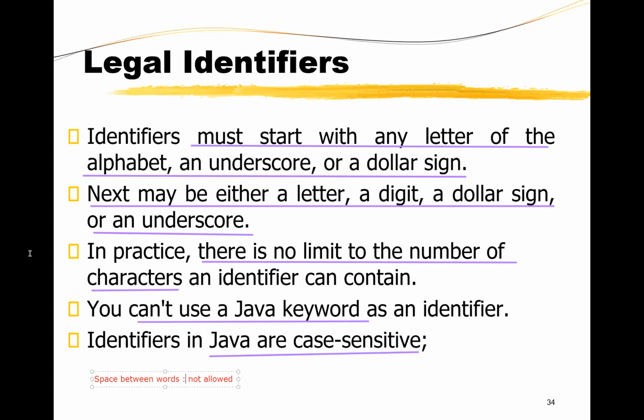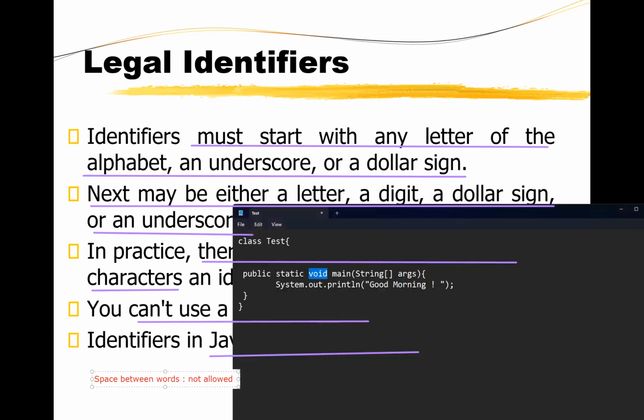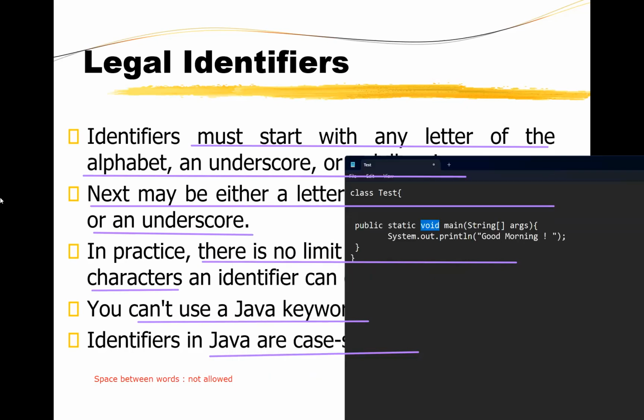Then what are the Java keywords? Now, what are the keywords you know up to now? By looking at this code, you will be able to tell me what keywords we know already.